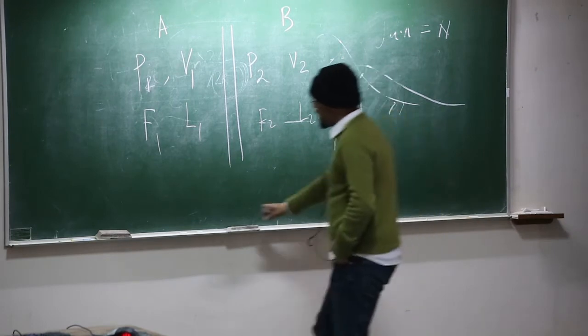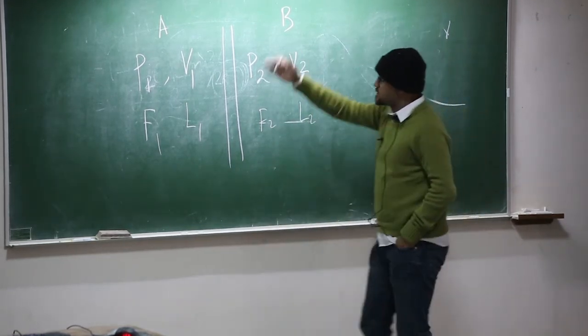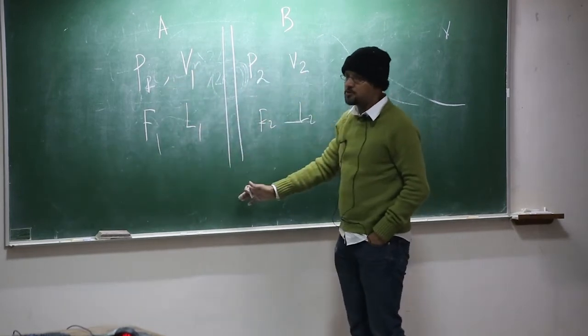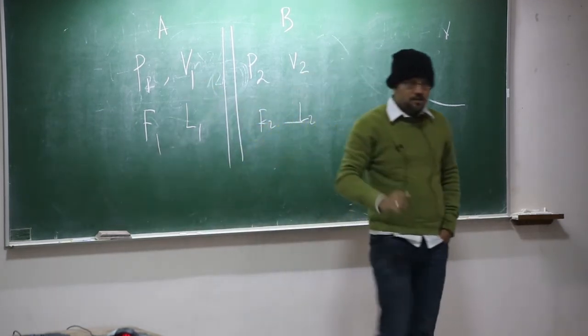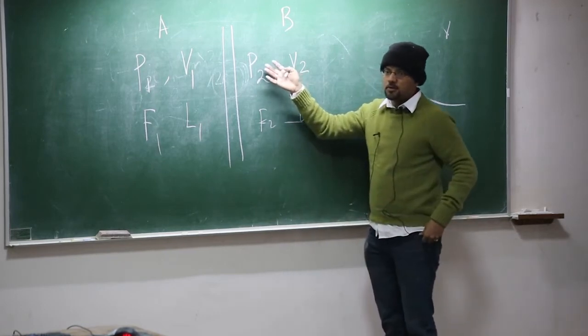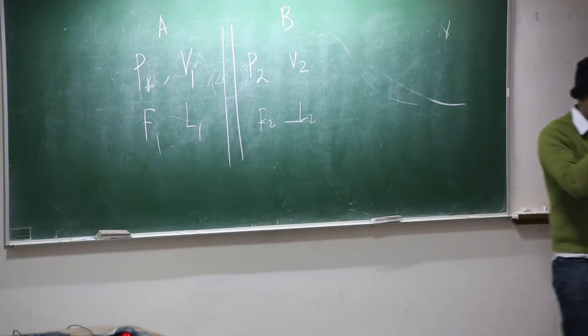What it means is that when the entire thing is in thermal equilibrium, after some time you have lifted this adiabatic wall, put a diathermic wall, and all of these numbers will now change, and you won't be able to then arbitrarily change one of them. They would get related, right? That's what it means.